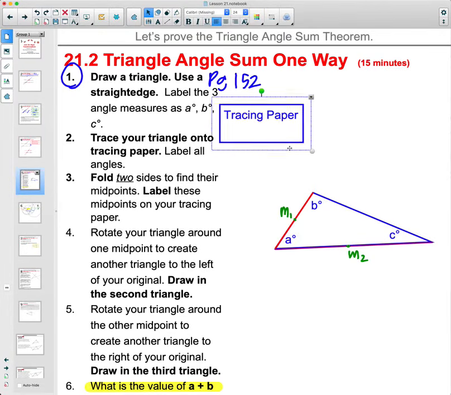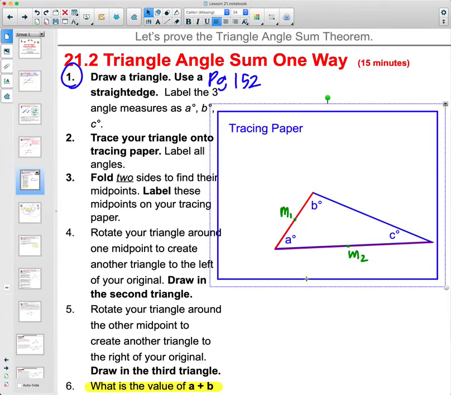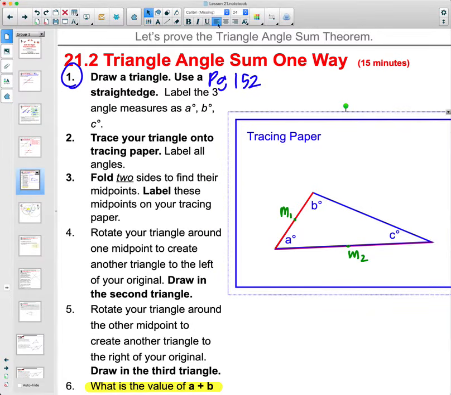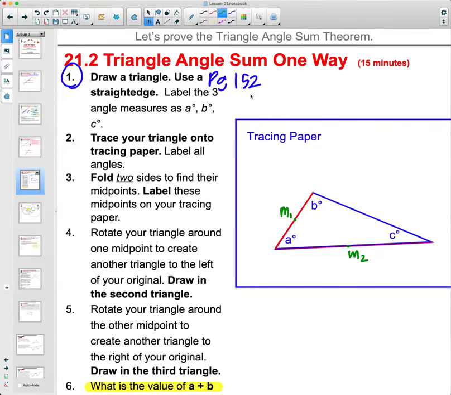Okay, so on your tracing paper you should have your triangle redrawn. I'm just going to trace this onto here. So here's the original triangle, with these labeled angles.